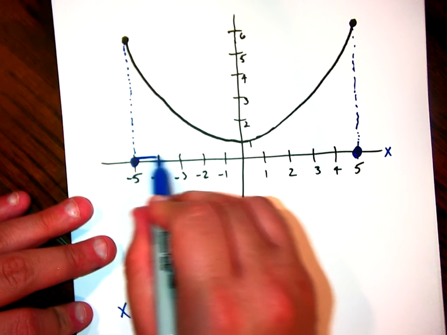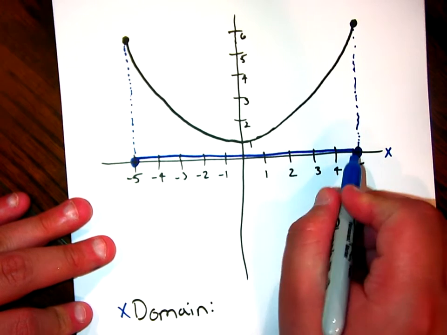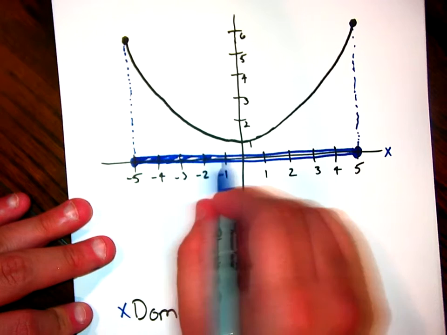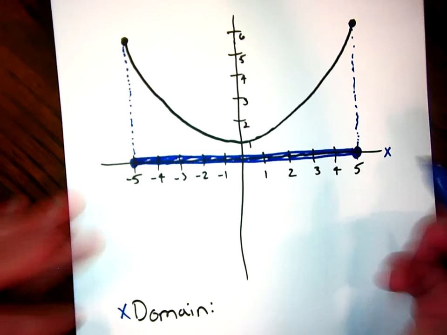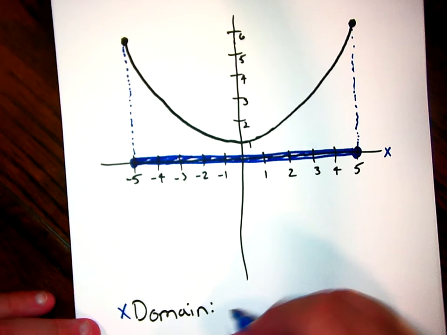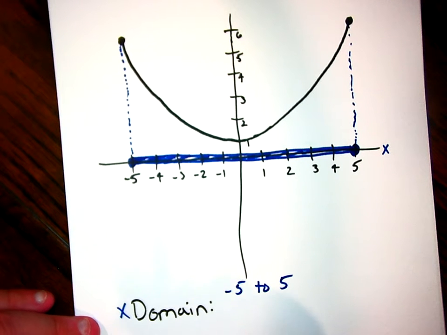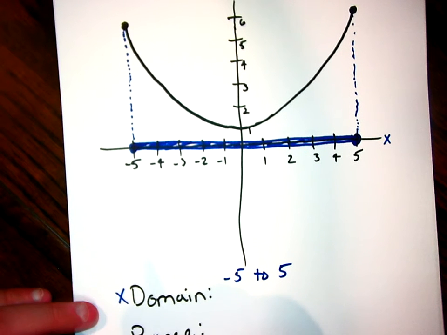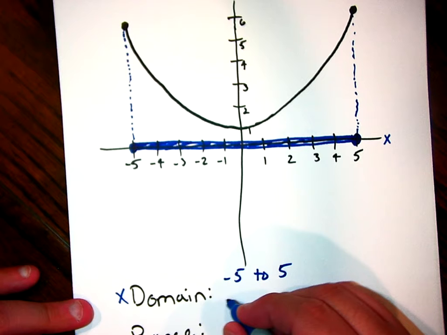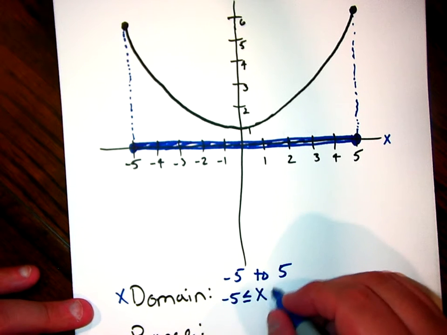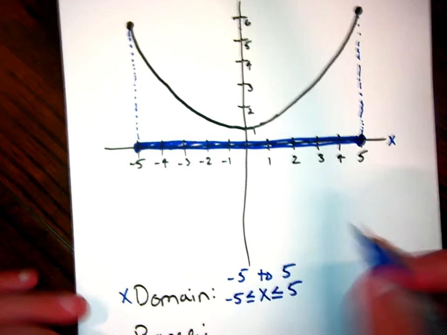So everything here is part of the domain. All those values on the x. So it's going to be from -5 to +5. And specifically denotating that for math, it's going to be -5 is less than or equal to x is less than or equal to 5.